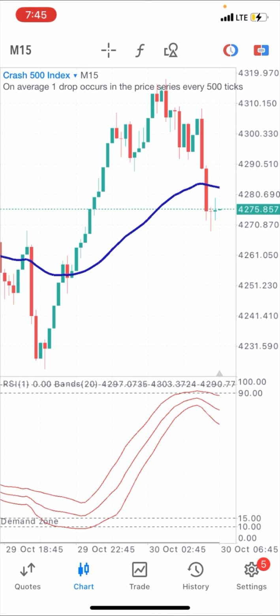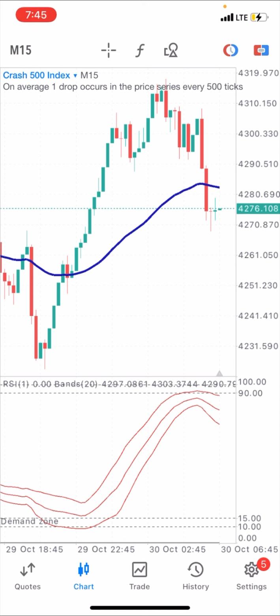Before I continue, I'd like to say that I've had a lot of people asking me if the previous strategy that I posted works for crash 300. Well, I have tried it and it has made me lose money, guys. So I wouldn't advise anybody to use those strategies on the crash 300 market.